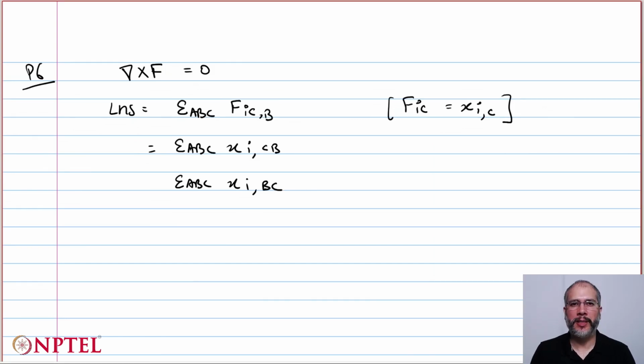So if the x field is smooth, then this is true, and this is the key step here, going from here to here. And now we do some index manipulation.